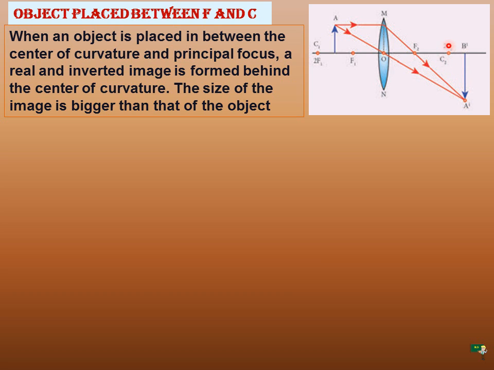This is the center of curvature on the right side, C2, and the image A dash B dash is formed behind it. The size of the image is bigger than that of the object.